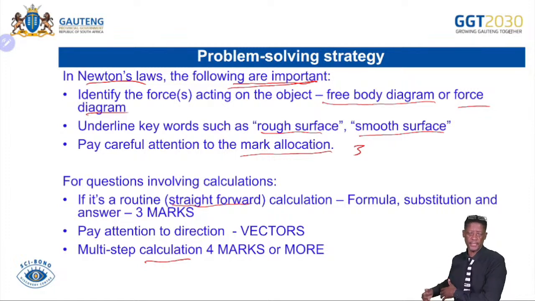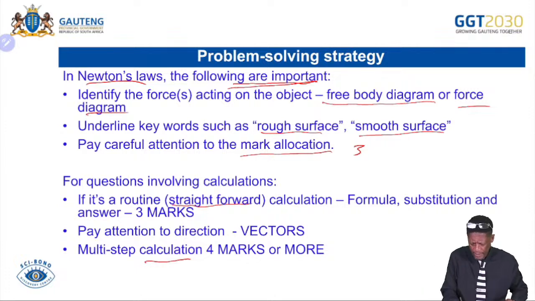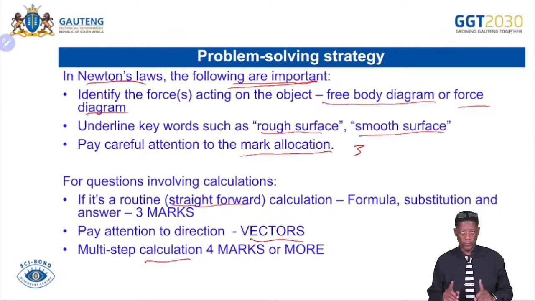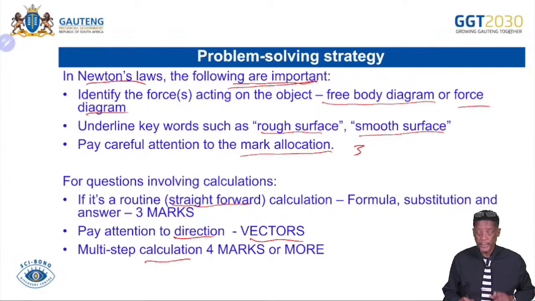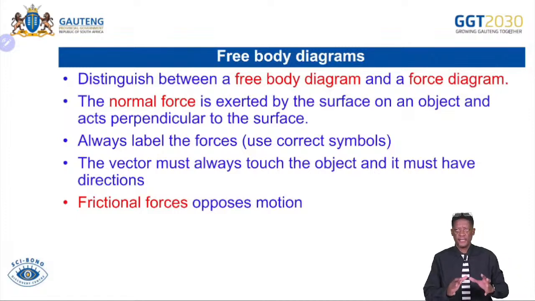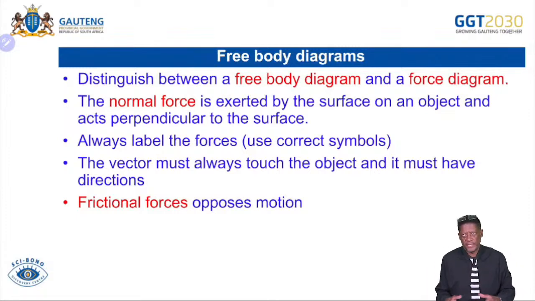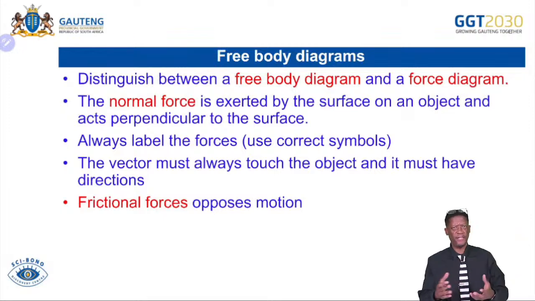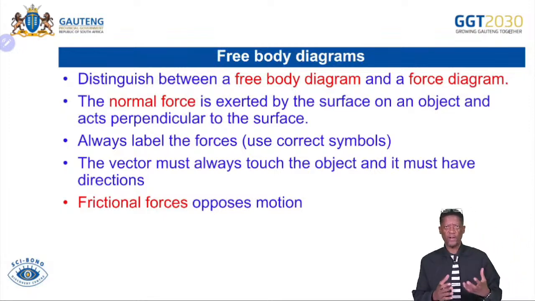Then pay attention to the vector; we look at the direction. There are also free body diagrams, and that's where you need to get a lot of marks. We've been doing free body diagrams from grade 8, grade 10, grade 11, and we are in grade 12 now.